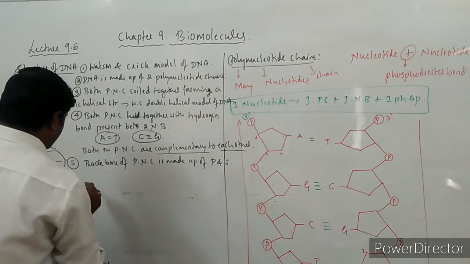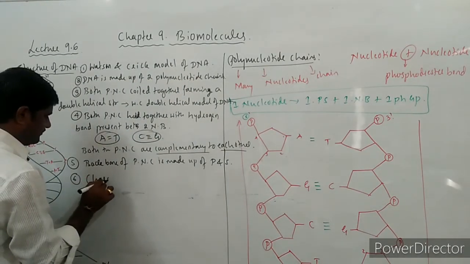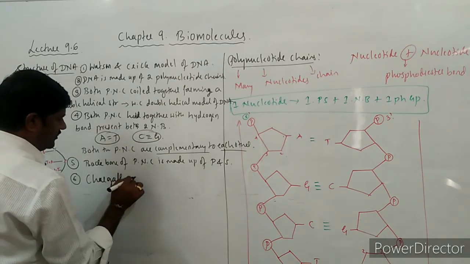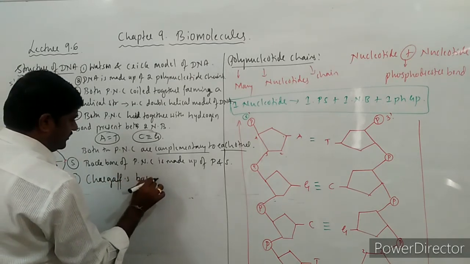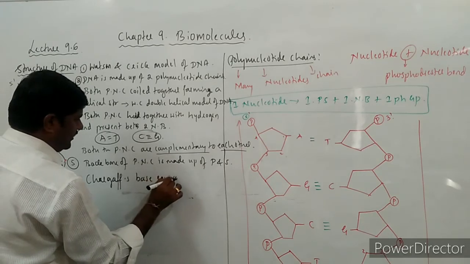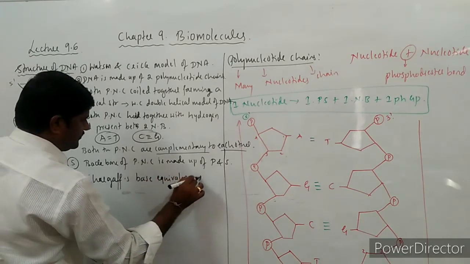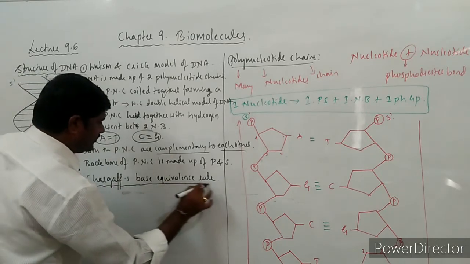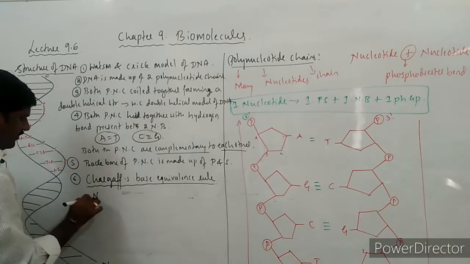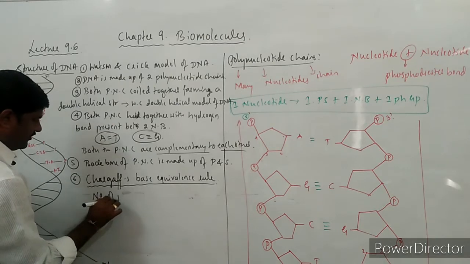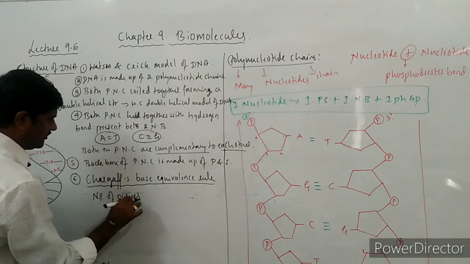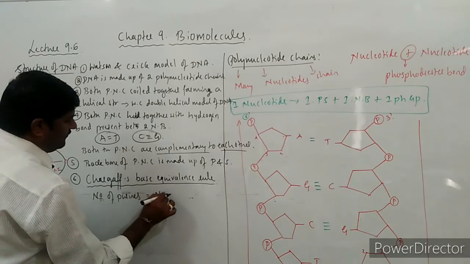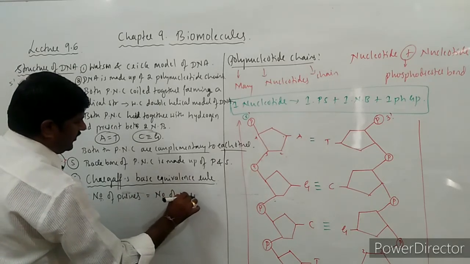Let us write Chargaff's base equivalence rule. What according to his rule? The number of purines is always equivalent to the number of pyrimidines.